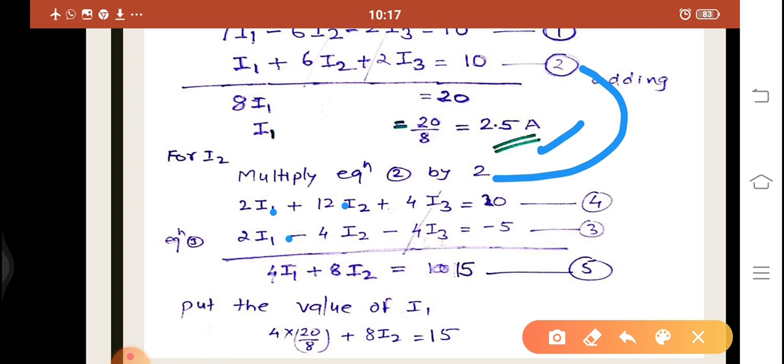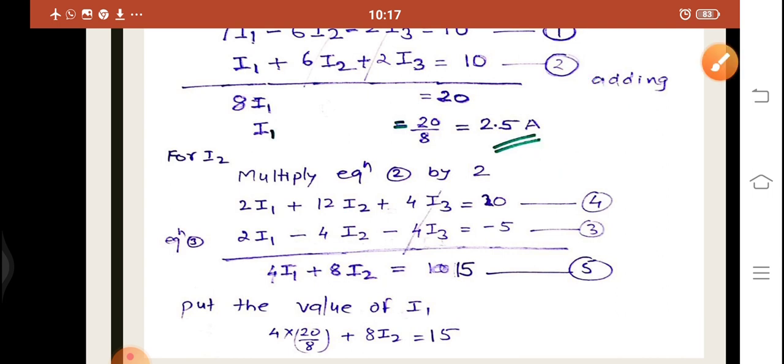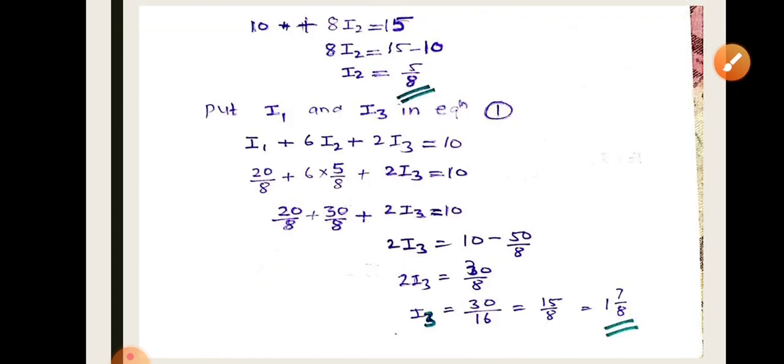What is I1? I1 is 20 by 8. Put the value of I1 here, I2 you will get. Now put the value of I2 and I1 in equation 1. From that I3 will be this. So we have I1, I2, I3.